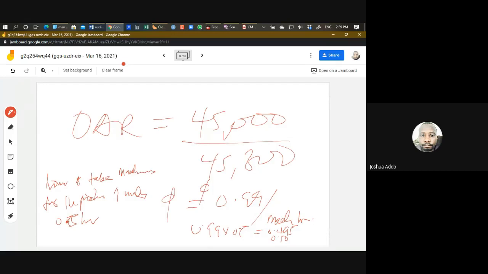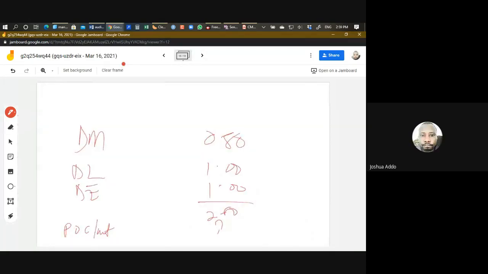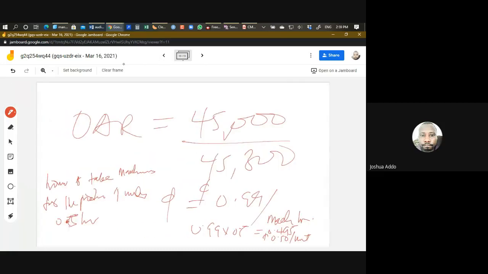So 0.99 times 0.5 gives approximately 0.5 cedis per unit. So we would add 0.50 per unit.